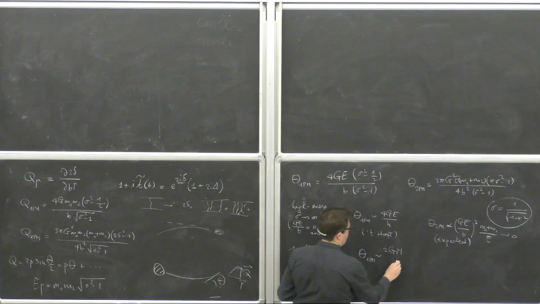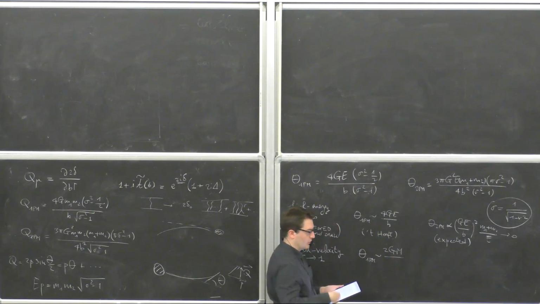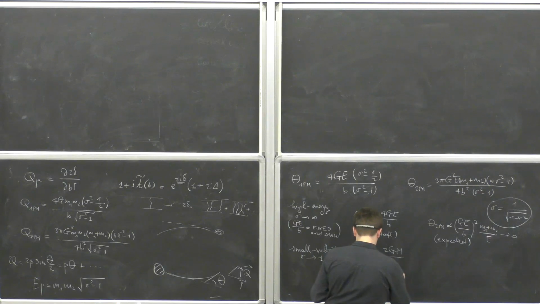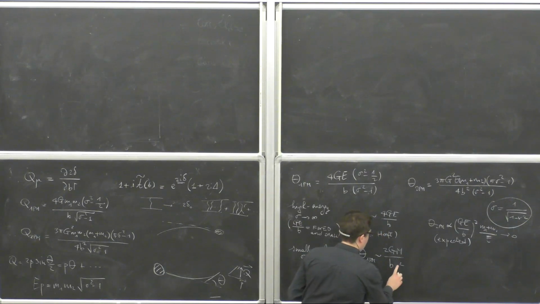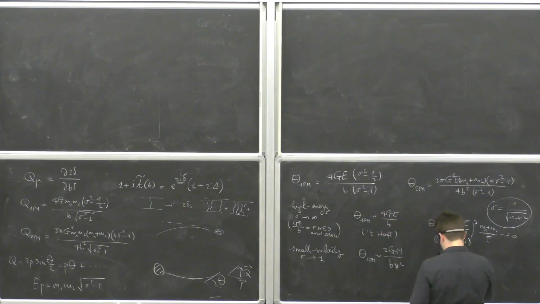Of course, the total mass of the object behaves almost like the energy, right? The difference is something of order velocity squared, divided by b v squared, v being this guy over there. And instead, theta 2PM goes like 3 pi G squared M squared divided by b squared velocity squared.